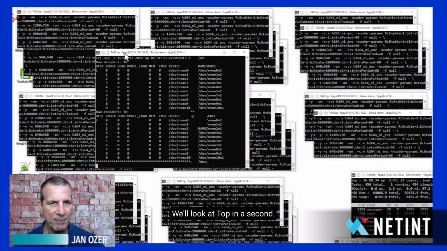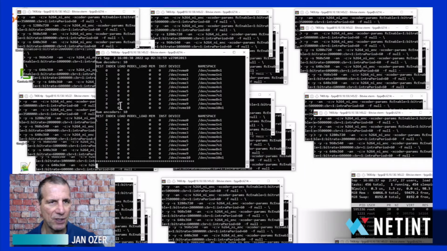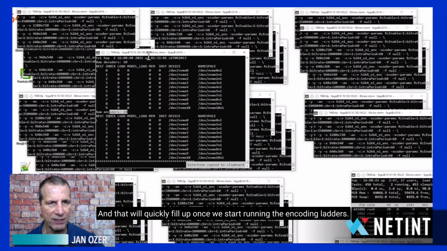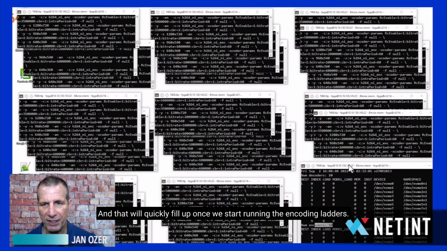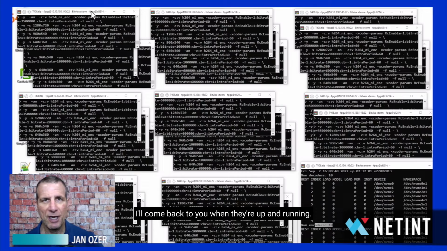We'll look at top in a second. This is a utility from NETINT that shows the load on the decoders up here, and encoders over here, and that will quickly fill up once we start running the encoding ladders. So let's get started. I'll come back to you when they're up and running.